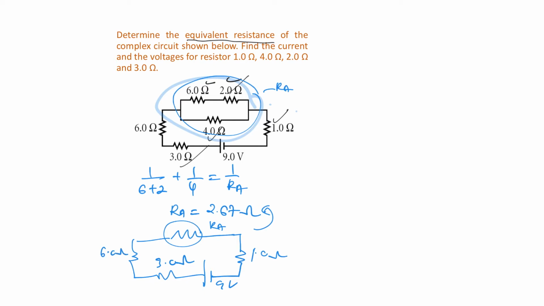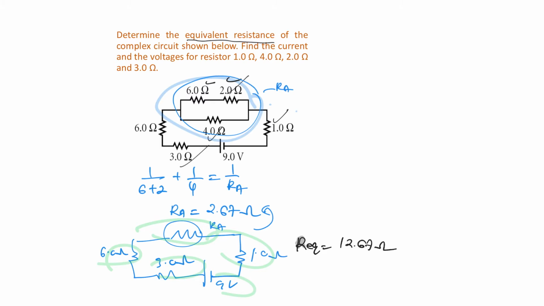And as you can see, these are connected in what? Series or parallel? Yes, it's connected in series. So when it comes to the series, you just add up everything. So for the equivalent resistance, you are going to get 2.67 plus 6 plus 3 plus 1. So you are going to get 12.67 ohm.